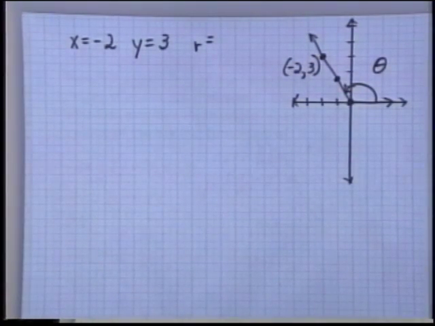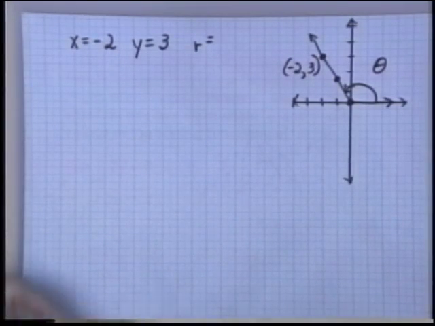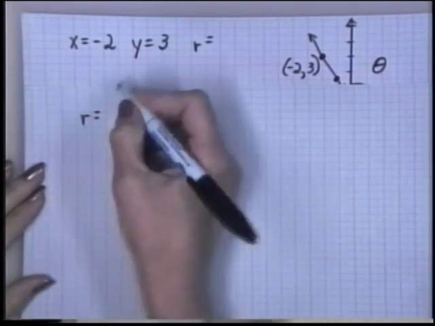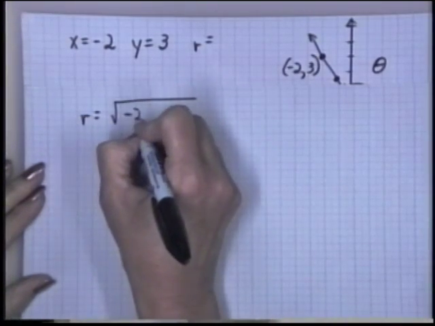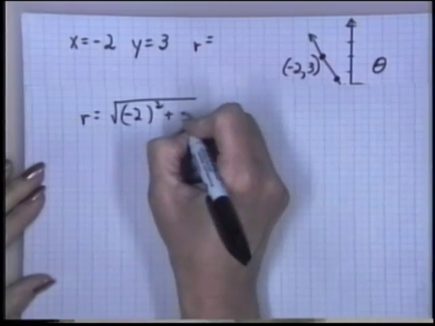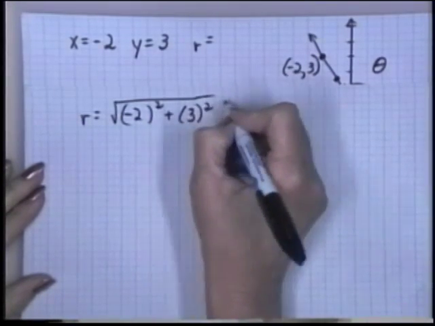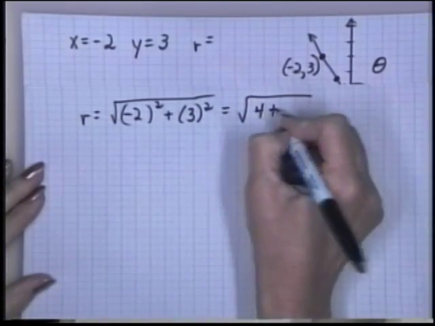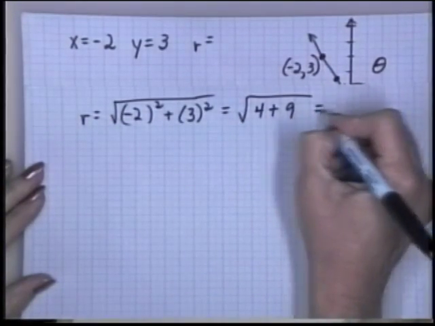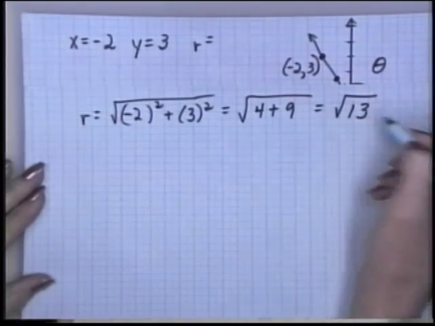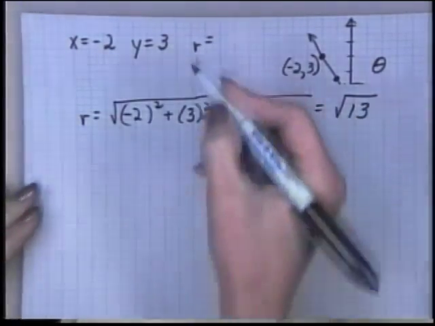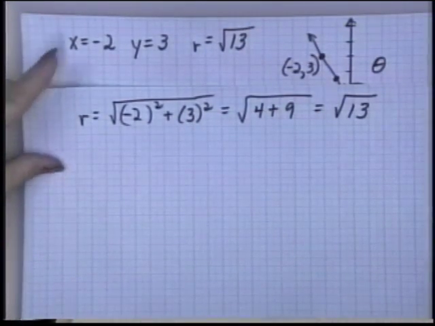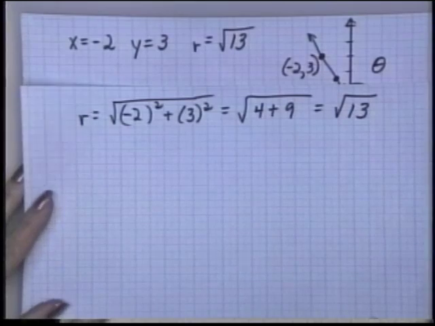So let's find our r. We'll say -2 squared plus 3 squared. -2 squared is 4. 3 squared is 9. When I add, I get the square root of 13, and that's not a perfect square. So my r is just the square root of 13, and I'm going to move my work on my r.